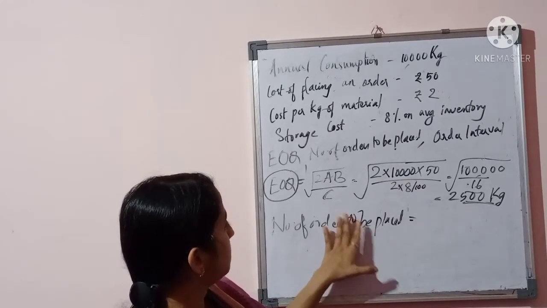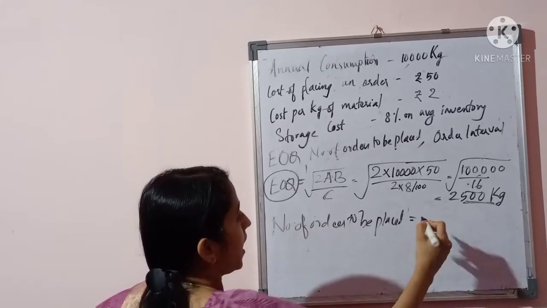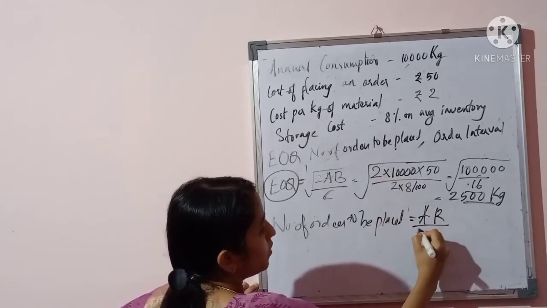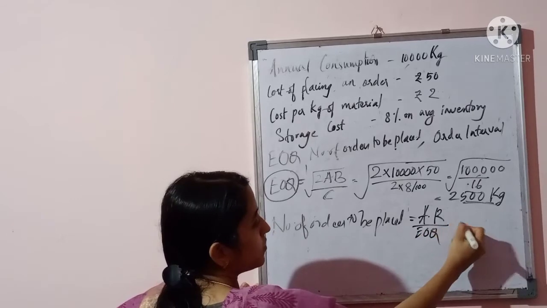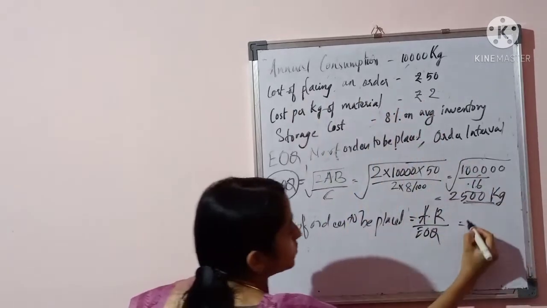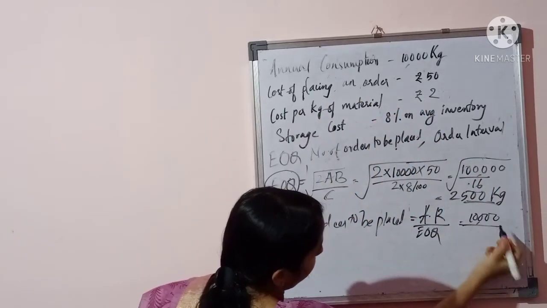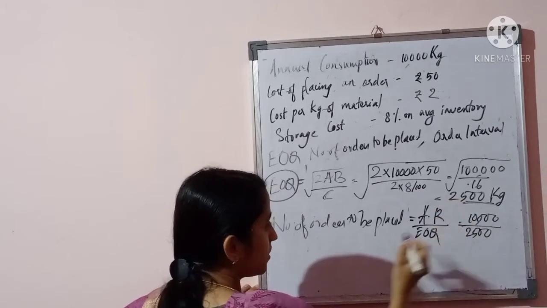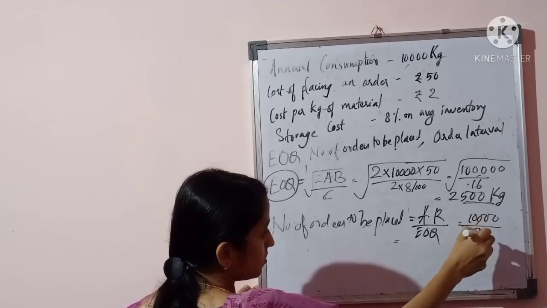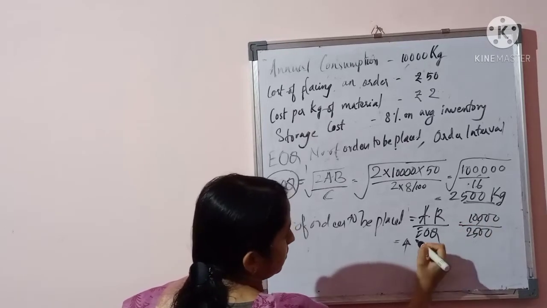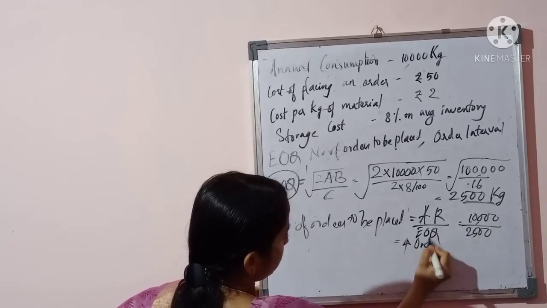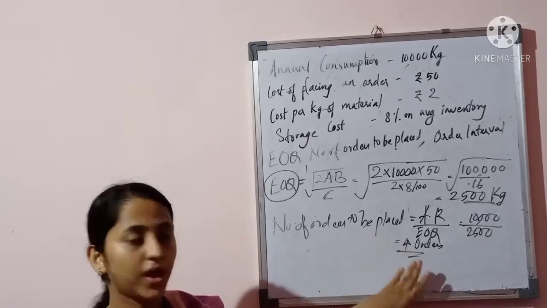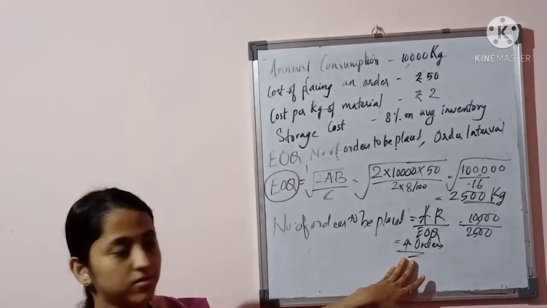The number of orders to be placed is equal to annual requirement divided by EOQ. Here the annual requirement is 10,000 kg, so 10,000 divided by the EOQ of 2,500, that's equal to 4. So in a year, we have to place 4 orders.